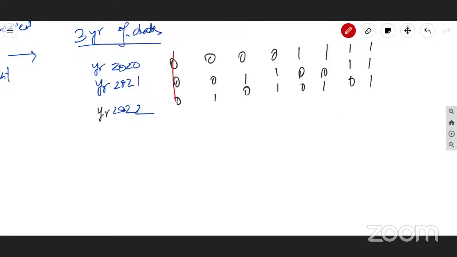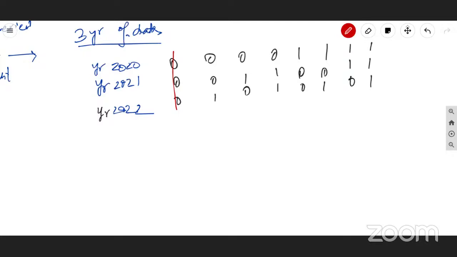This is excluded because this data will not be there in your database, not visited in all the 3 years. The entire data will not be there in the database. 001 means the customer is visiting for the first time in 2022, so it is very hard from his visit pattern in the previous 3 years to define whether this customer will be churned or not, because in previous years the customer never visited.